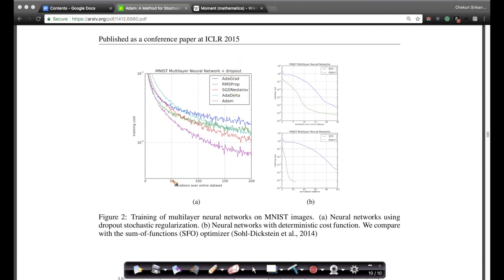When you have done 50 epochs, the training error that you get with Adam is significantly lower than the training error you get with all other variations like AdaGrad, RMS prop, SGD with Nesterov, and Ada Delta. So Adam, even in lots of experiments, has been shown to be extremely fast, and it works very well.